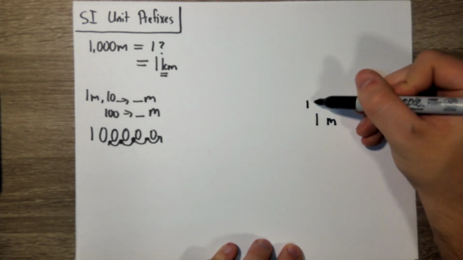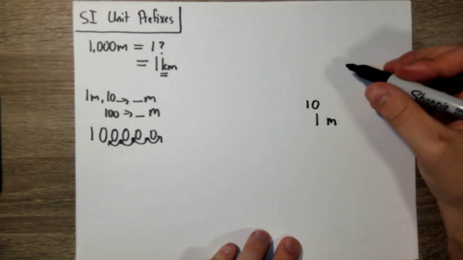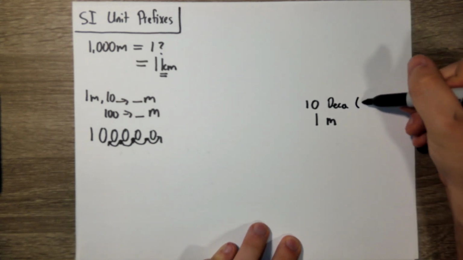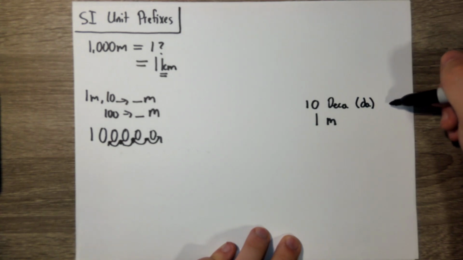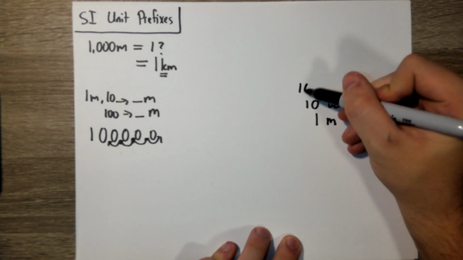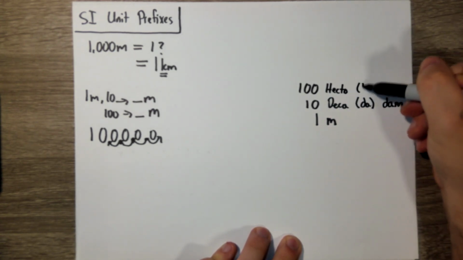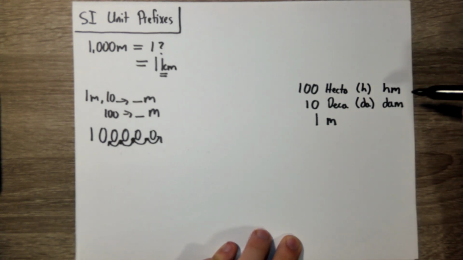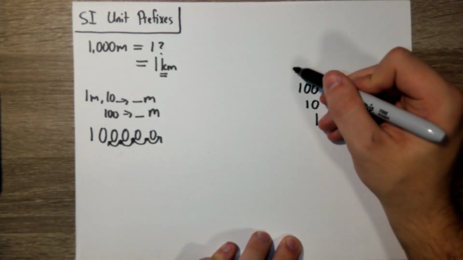Then if you go up by a factor of 10, the prefix is called deca, given by da. And so if you use meters again as an example, it would be decameter. Now if you go to 100, that's called a hecto, given by lowercase h. That's a hectometer, to use meters again as an example, and I'll use that throughout the scale.